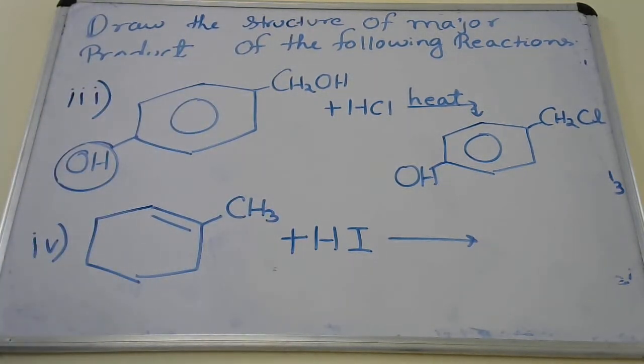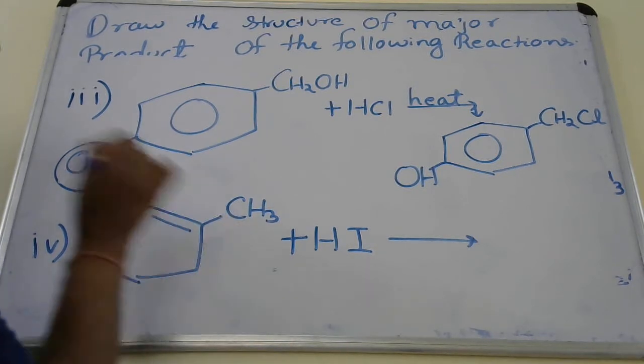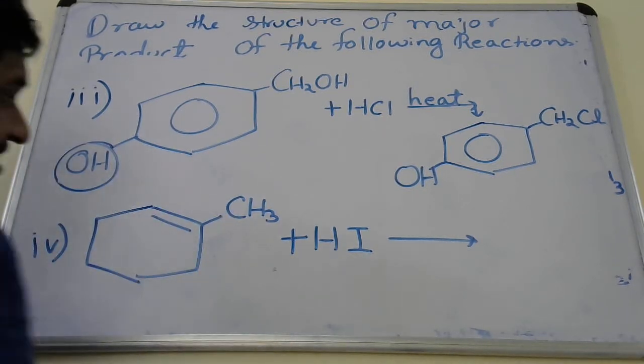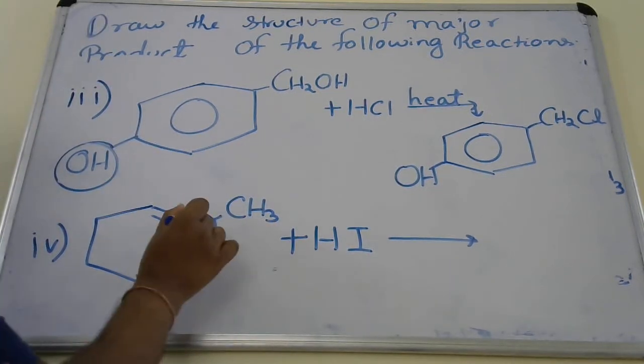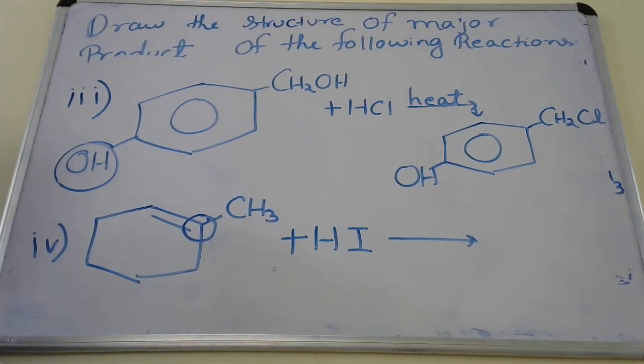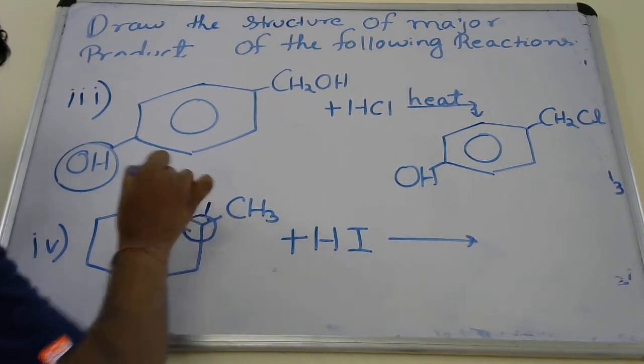Now come to the fourth bit. Now again Markovnikov addition, where the halogen will be attached to that carbon of the double bond which has a lesser number of hydrogens. You observe this carbon, let us say carbon number 1, carbon number 2.